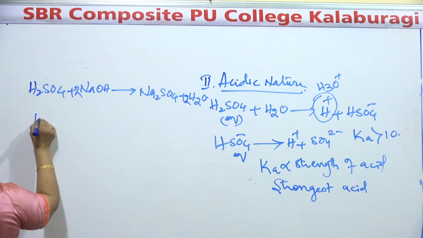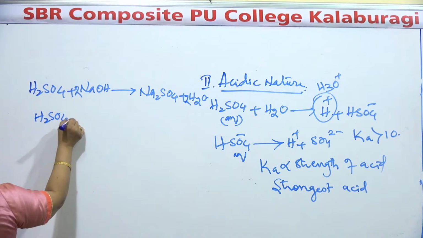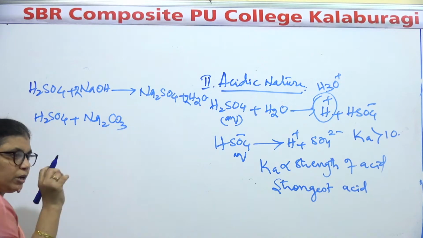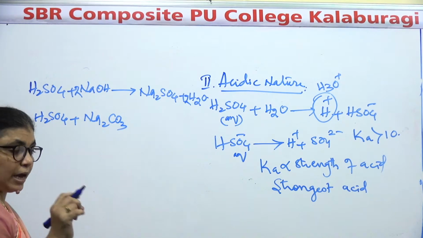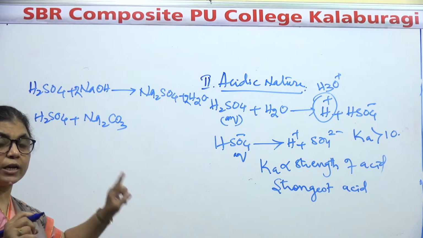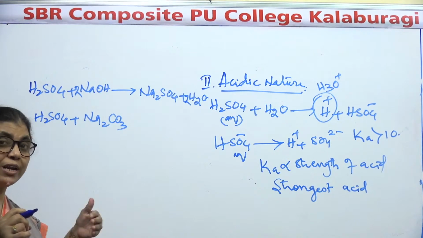Then H2SO4 with sodium carbonate, a metal carbonate. Not only with the base, even with metal carbonate. Have you remembered, children? Sodium carbonate, when dissolved in water, will turn red litmus paper blue. What does it indicate?